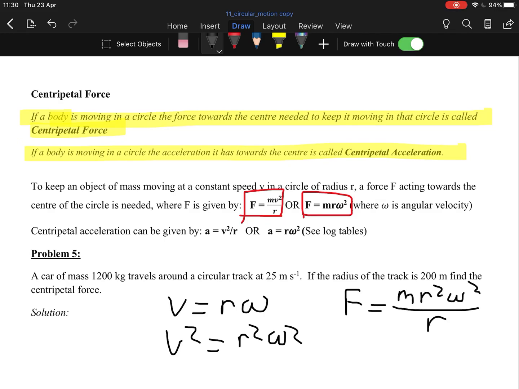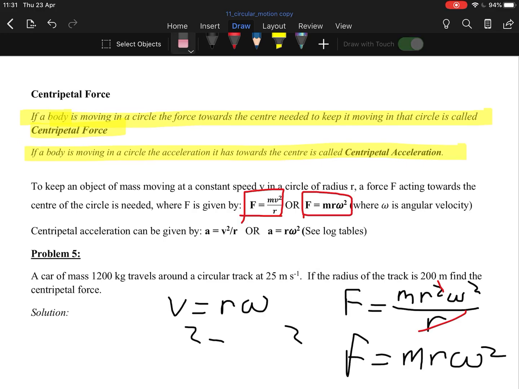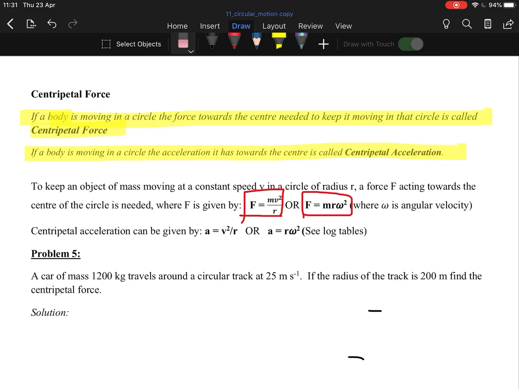So if we sub that in, F equals m r squared omega squared over r. That r cancels that r, so you're left with F equals m r omega squared. You see? That's where it comes from. And the same thing applies with the acceleration: v squared over r, where v equals r times omega, so v squared equals r squared times omega squared.